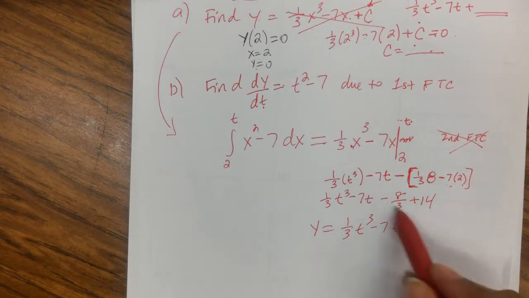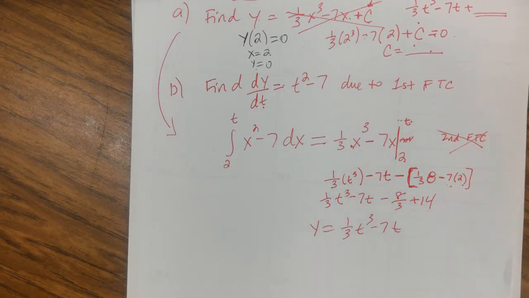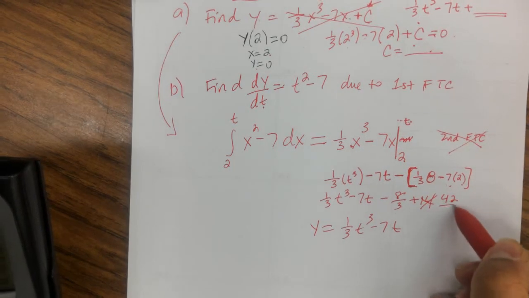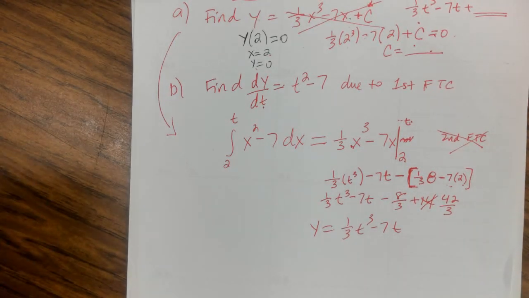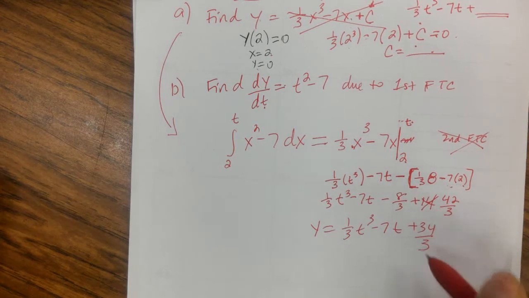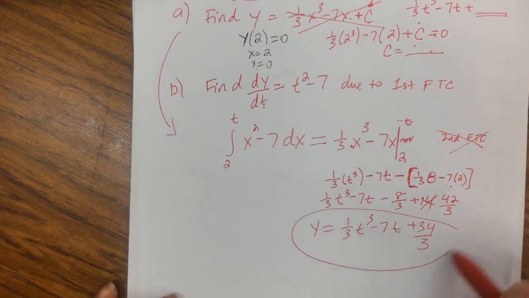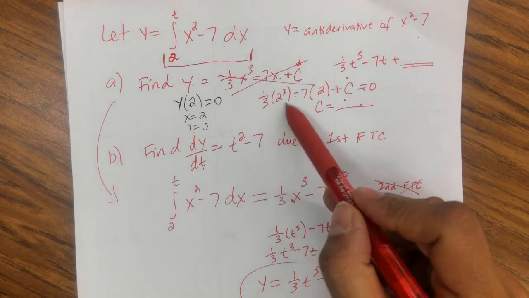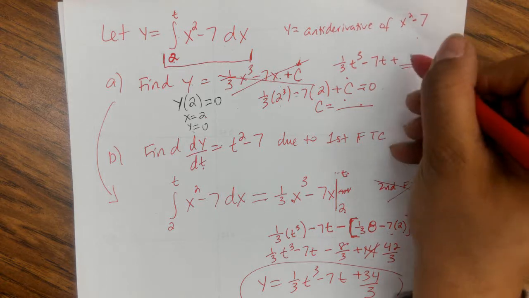And if I combine like terms, and I add those fractions by taking a common denominator, I will get 42/3, and then I will get 34/3, which I promise will be the same answer. If I go here and work out this math, it'll be the same thing.